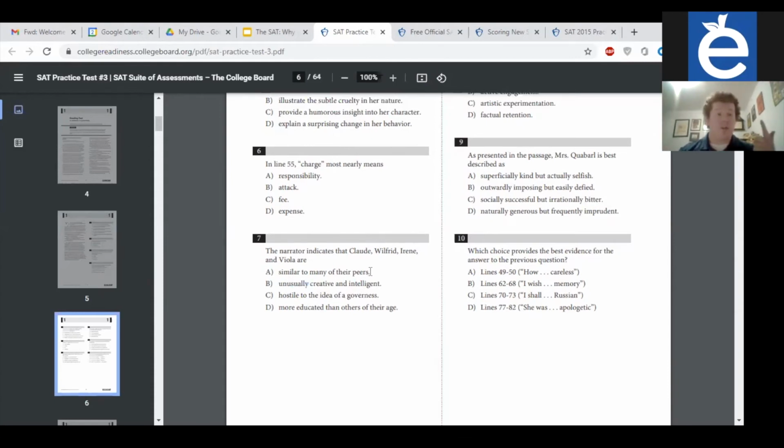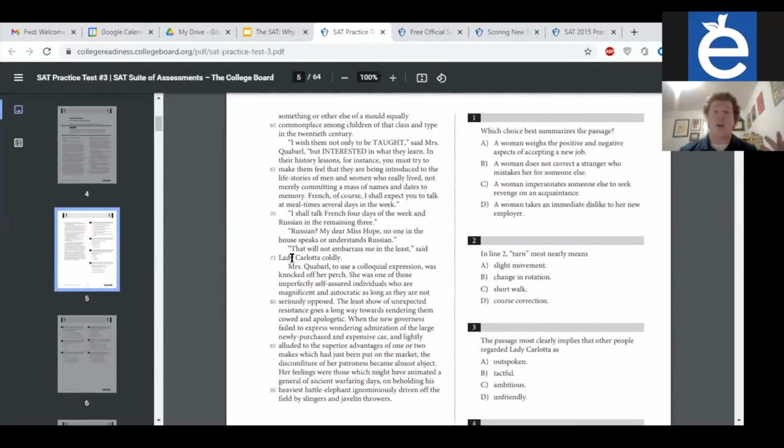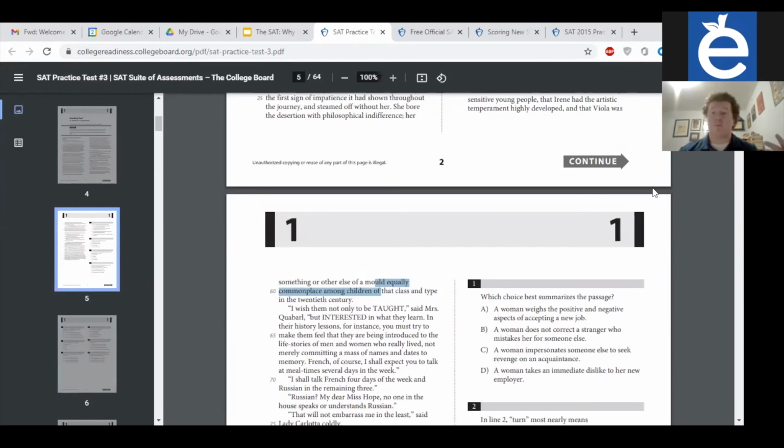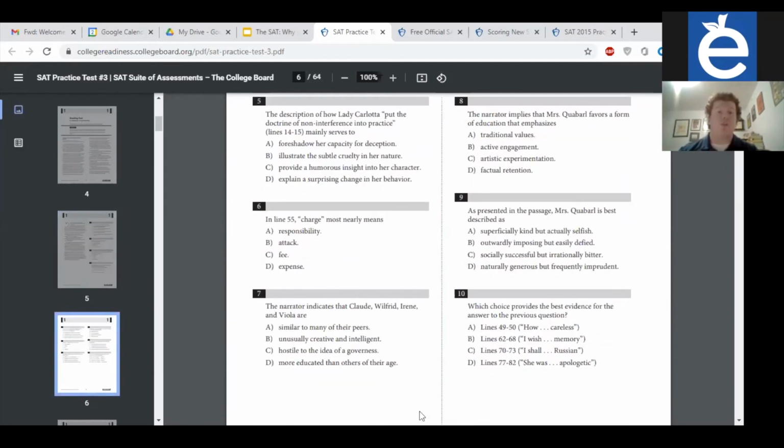But we do have evidence that says they are similar to many of their peers, right? The end talks about how Viola was something equal or average to kids of her age and of that time. That's what we have evidence to support.